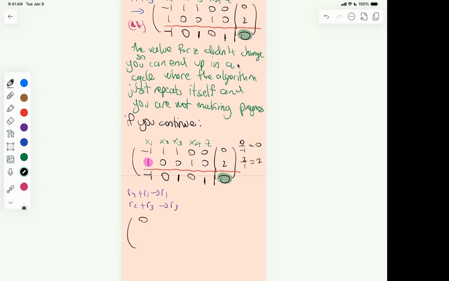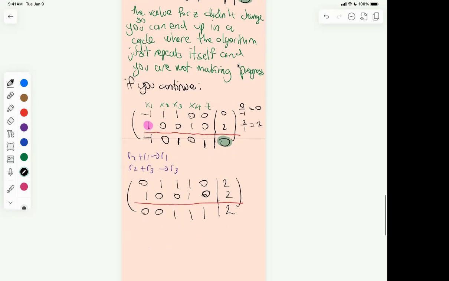And if you do that, you get... okay. And now because every coefficient is positive in the last row, the algorithm does terminate and the max is 2.